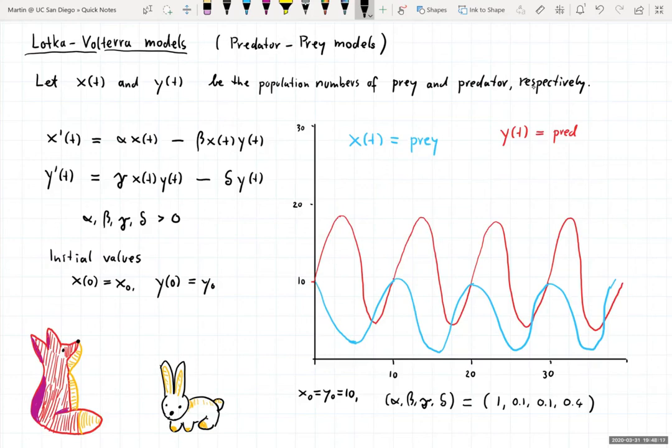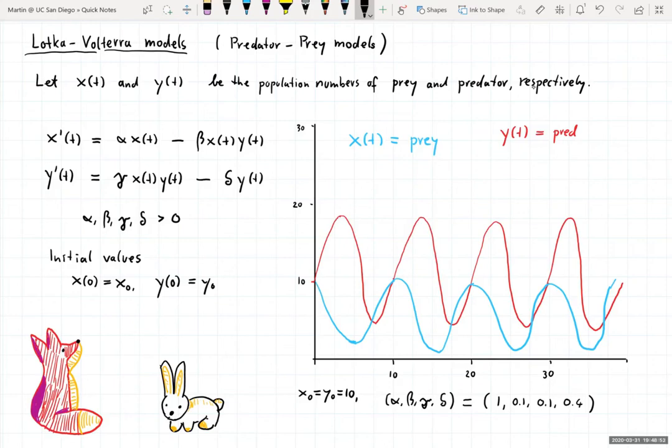Let us assume that x naught and y naught, the two initial conditions, are equal to 10. In that context, it's probably reasonable to assume that we measure the population not in individuals, but maybe in thousands. For alpha, beta, gamma, and delta, let's say I have the following values: 1, 0.1, 0.1, and 0.4.